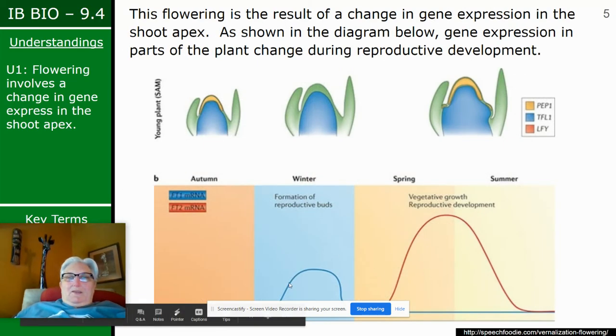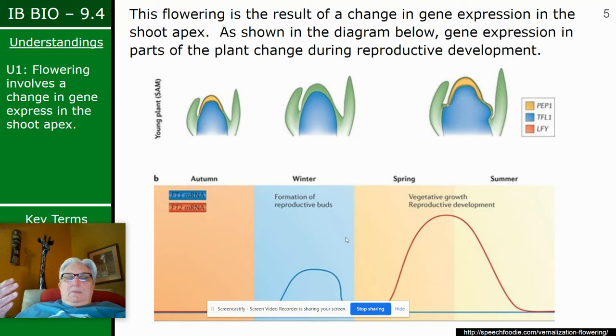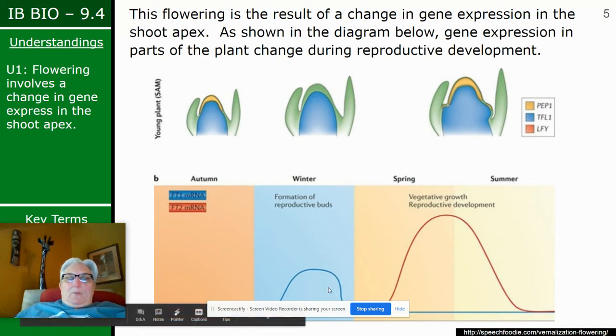And just like anything else, we have different hormones that are being expressed at different times. And we'll also look at, as far as the gene expression goes, what is happening. We look at the winter time here, where buds start to form.